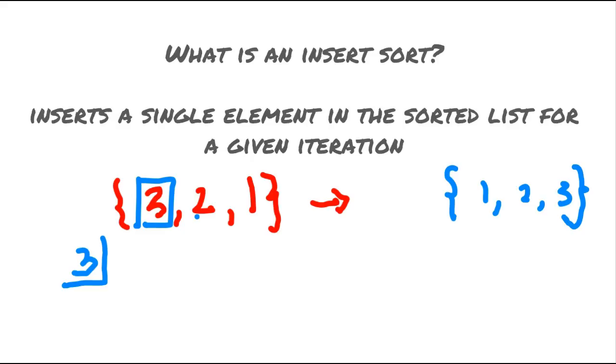The unsorted elements in this case will be 2 and 1. So we will first choose 2 as our unsorted element, and compare it to 3.